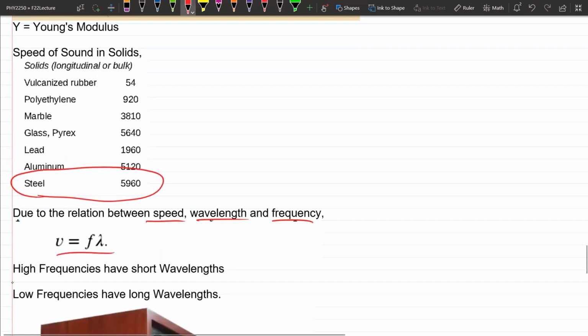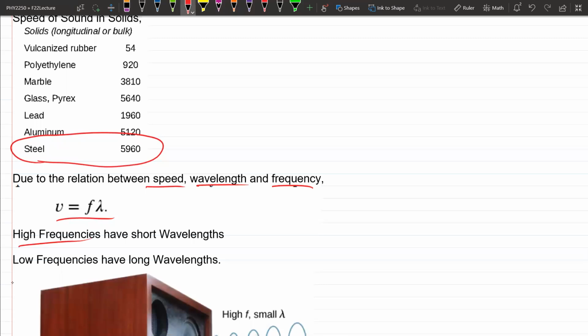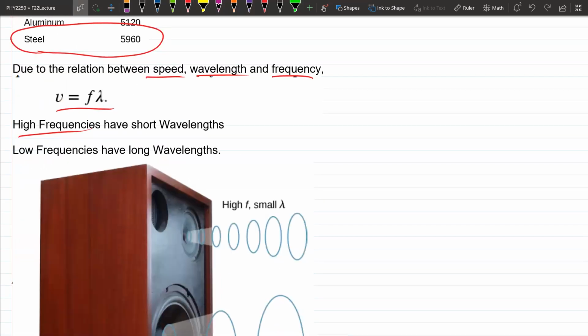The one thing to note is that in a particular medium, let's say we're talking in air, the speed of sound is going to be about 340 meters per second. So that's a constant for that particular medium. If I produce a high frequency sound, it will have a short wavelength, because the product of these two things has to multiply to a constant.